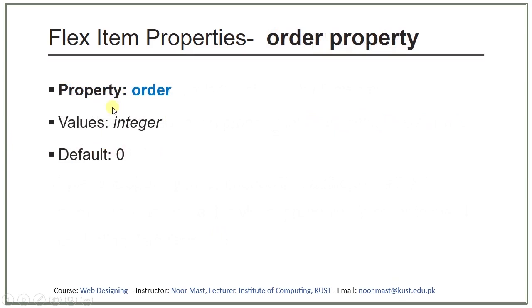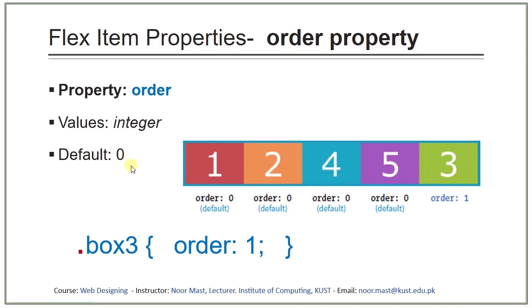The order property. The order property specifies the order of the flexible item relative to the rest of the flexible items inside the same container. It takes an integer value where the default value for an item is 0. For example, look at this box.